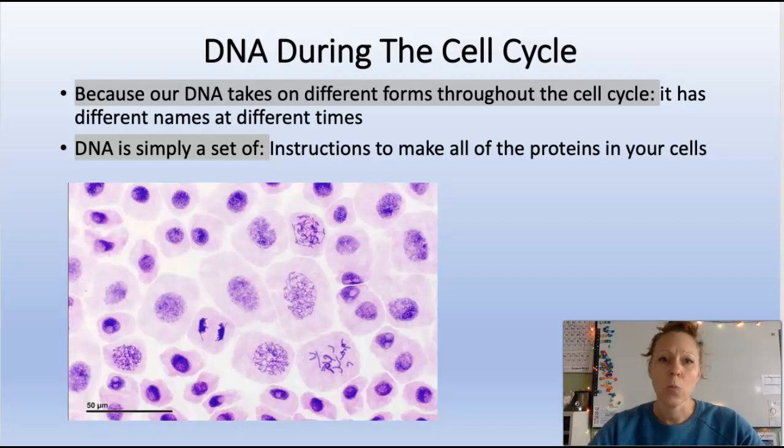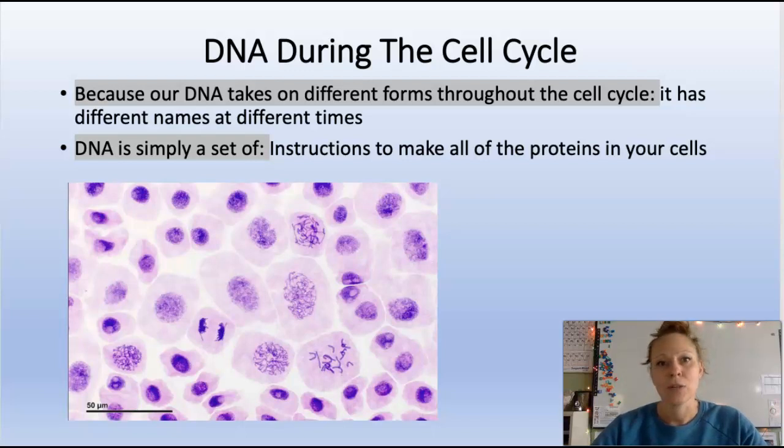What DNA actually is, is simply a set of instructions on how to make proteins in your cells. And really, it's the proteins in your cells that give you your traits. They're the ones that do the jobs in your body that let materials into your cell or out of your cell.